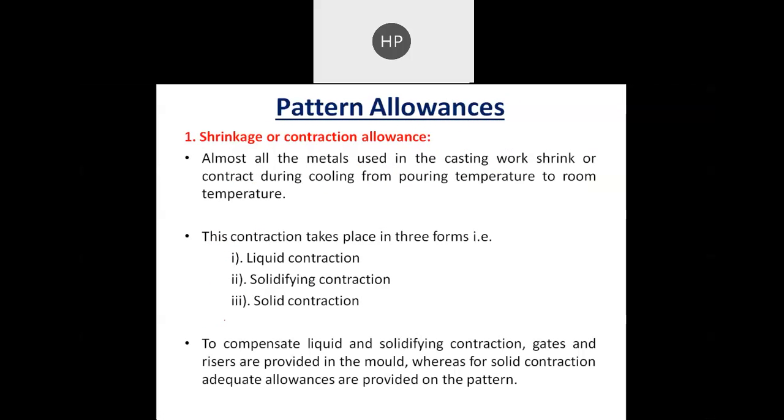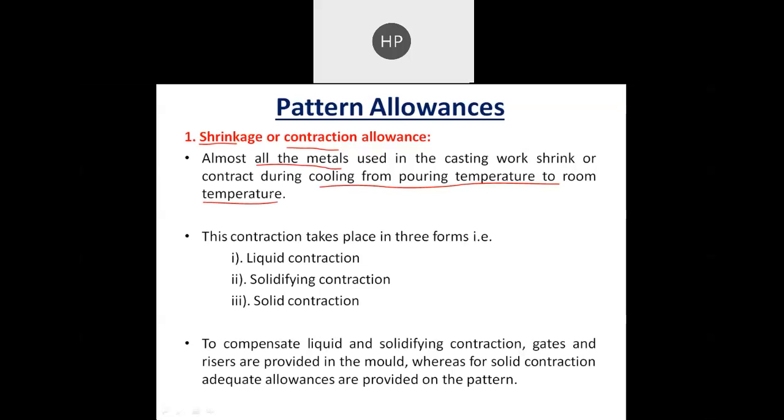So first, shrinkage or contraction allowance. What is a shrinkage or contraction allowance? Almost all the metals used in casting work shrink or contract during cooling from pouring temperature to room temperature. When we pour it inside the hollow cavity, it will be in a melted, liquid form.